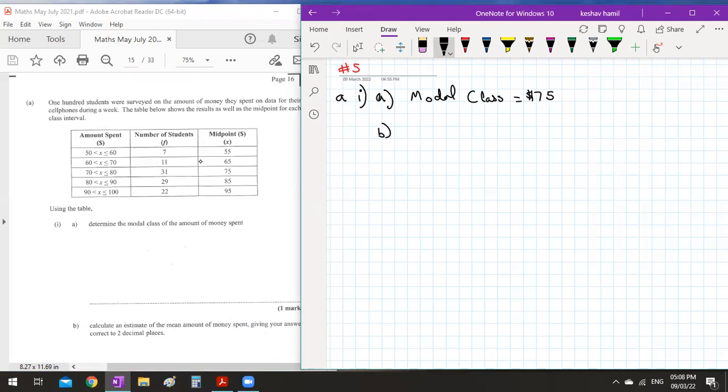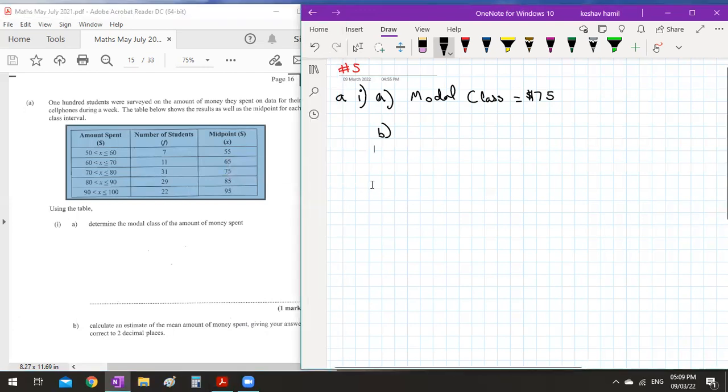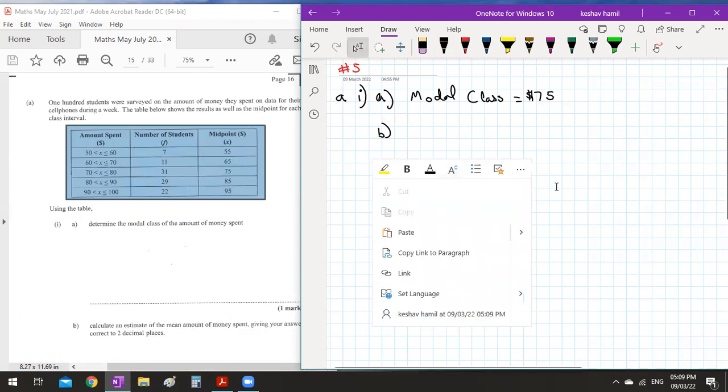Part B, calculate an estimate of the mean. Now, in order to do this, you have to finish the table or attach to the table. So let's copy the table across.